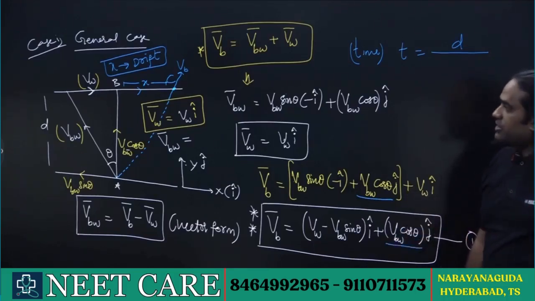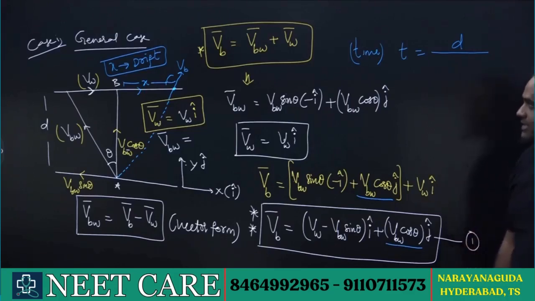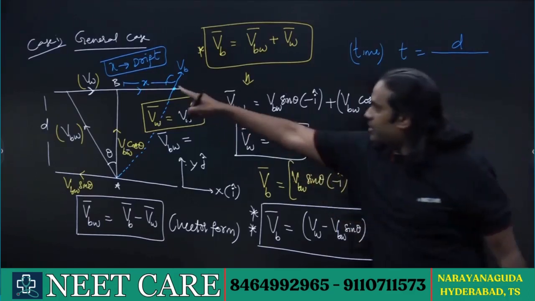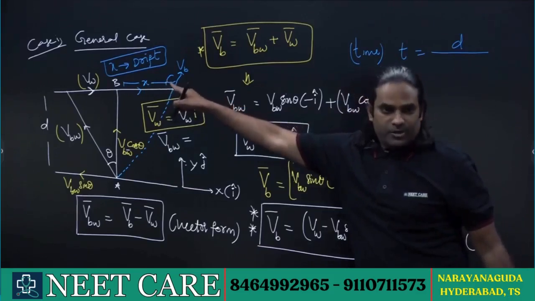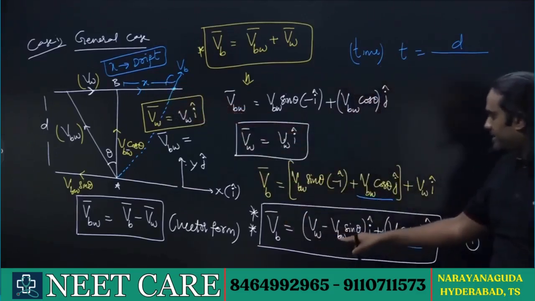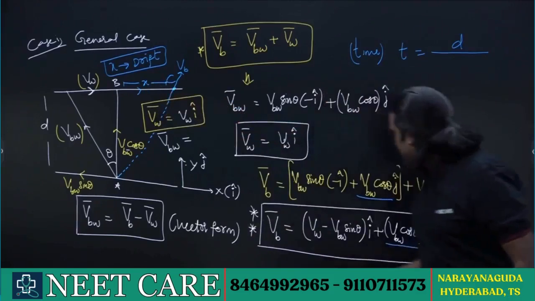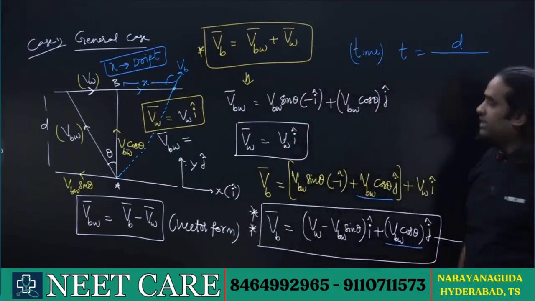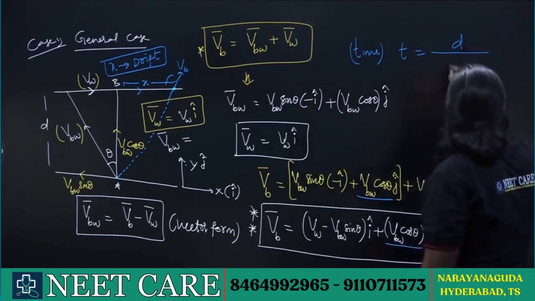In the process of crossing the river, the boat is covering a displacement of AB, the shortest distance. And what is the value of velocity along AB? VBW cos theta, because it is the j cap component. This component is not helping to cross. This component is helping to displace from B to C, and this VBW cos theta is taking the boat from A to B. Therefore, you will write here time is equal to d by VBW cos theta.